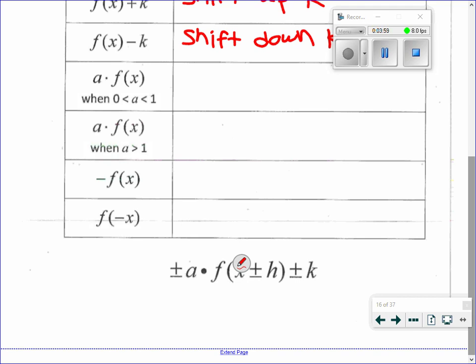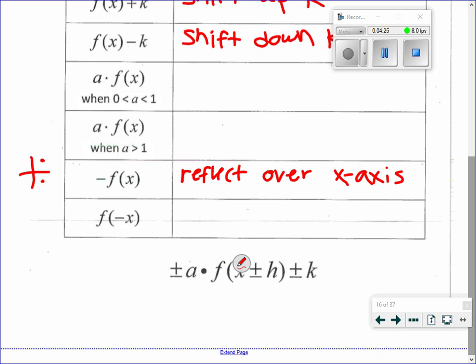So flip or reflect across your x-axis. Remember, your f of x is like your y. So what this is really saying is your y value is becoming negative. If you had a positive y and then flipped over to be negative, you'd be down here, flipping over your x.